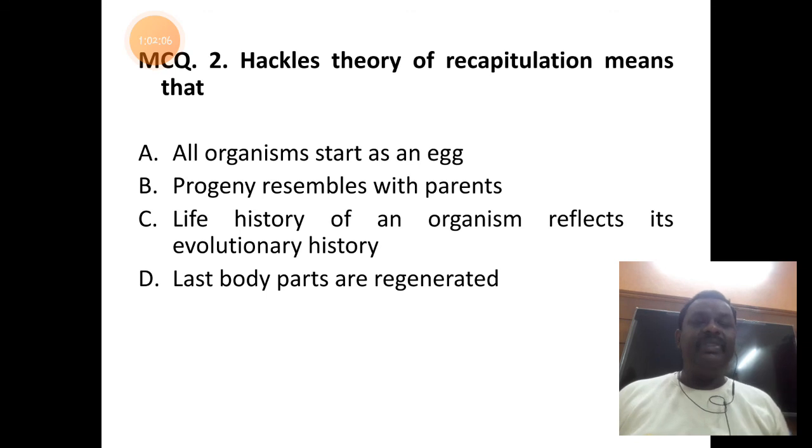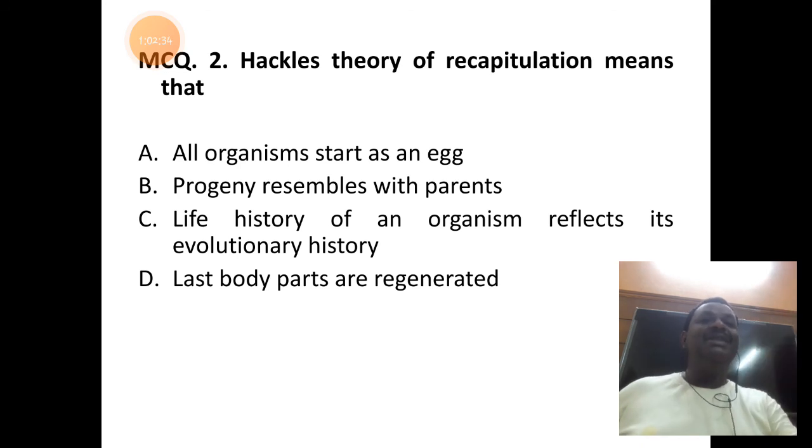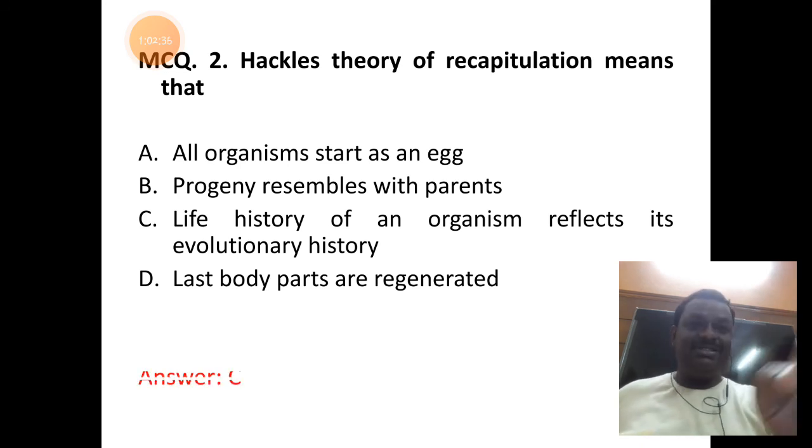Second question, Haeckel's theory of recapitulation means that all organisms start as an egg, progeny resemble their parents, the life history of an organism reflects the evolutionary history, or the last concept, lost body parts are regenerated. So the answer is C, because the life history of an organism reflects the evolutionary history, which is nothing but the recapitulation theory of Haeckel's concept, ontogeny repeats phylogeny. Answer is C.